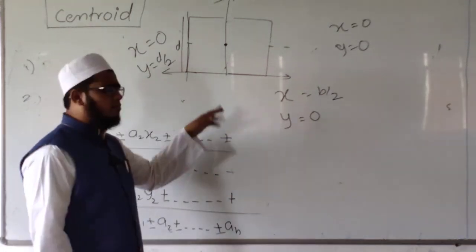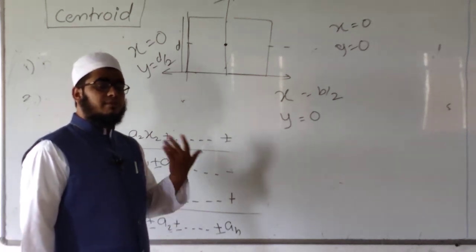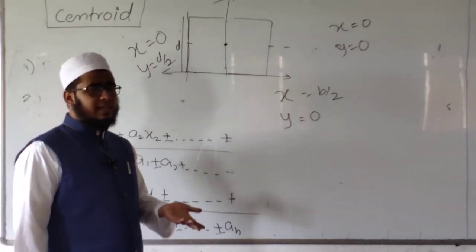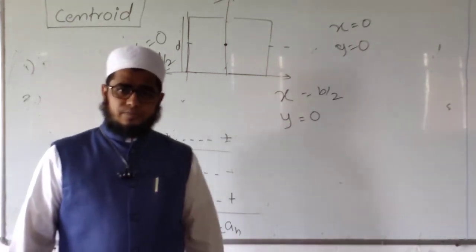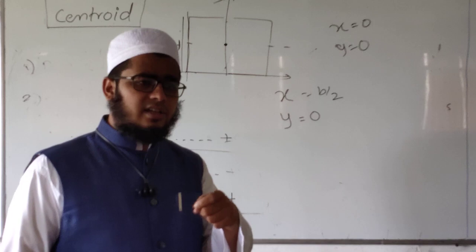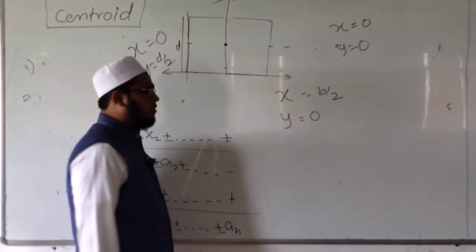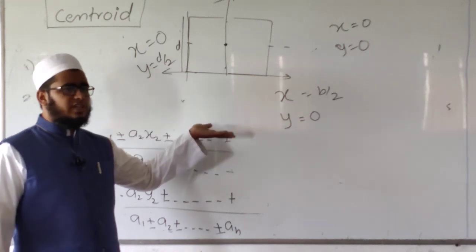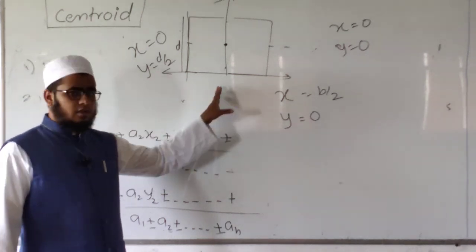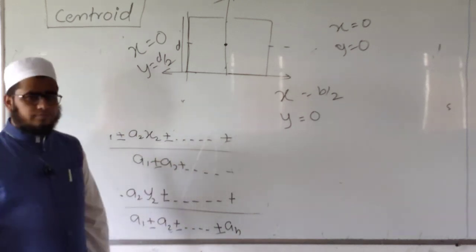If the body is symmetrical about only the x axis, the y coordinate is 0. If the body is symmetrical about only the y axis, the x coordinate is 0. It means if the axis position is given such that it divides the plane lamina into two equal parts, then there is no need to find that coordinate; we only have to calculate the value of the other coordinate with the help of this formula.